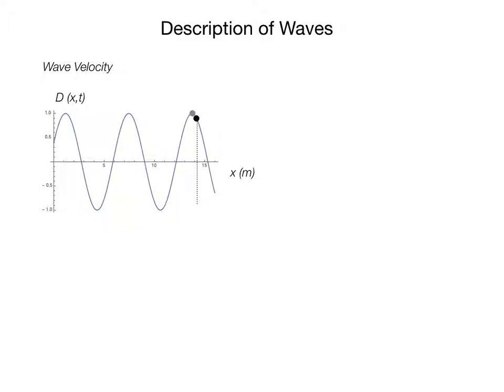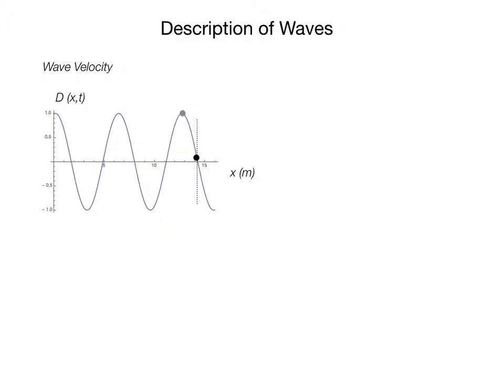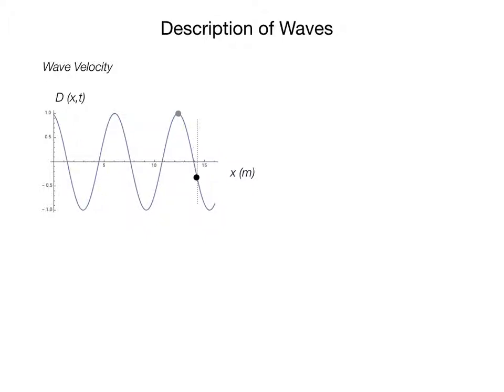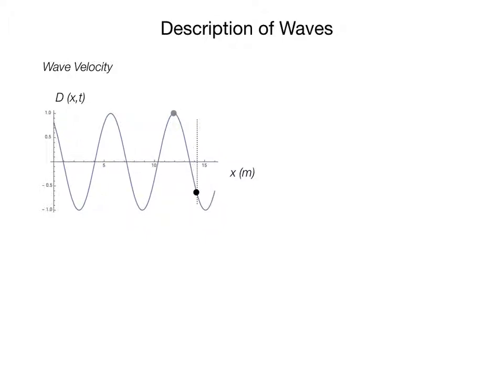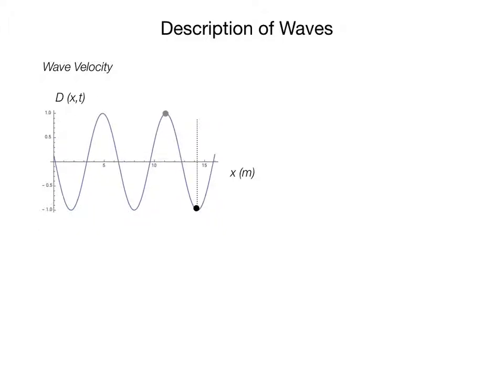Yet a little bit later another particle is along the crest of the wave, and so you can see how the crests are actually moving towards the left, while the actual physical matter, particle, or substance is simply oscillating up and down according to the diagram. The question here then becomes how fast are those crests moving through space?